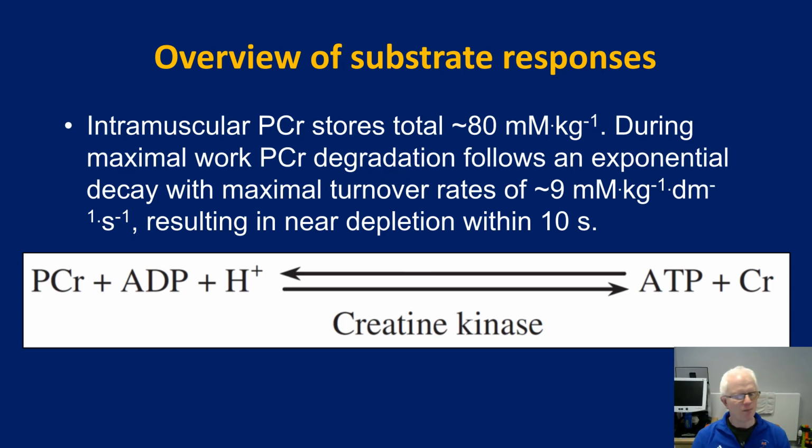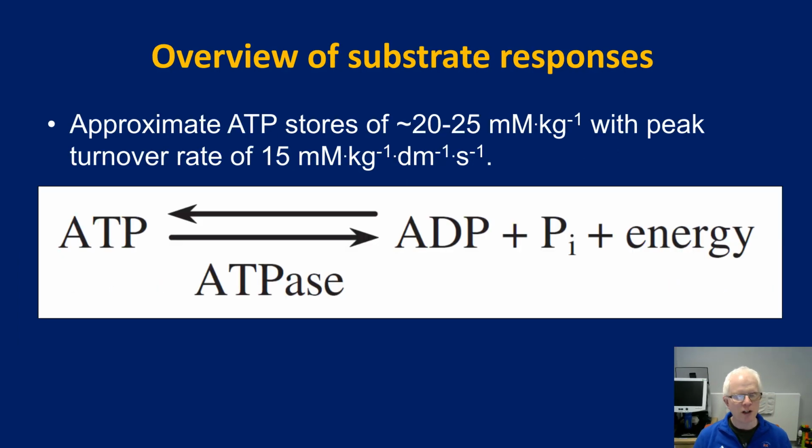So here's the reaction. Remember that the key to understanding is this. We're trying to resynthesize ATP. What we're left with after the splitting of ATP is ADP. We cannot simply add phosphate back to that. The only way that the phosphate can be added back is under conditions of what we may refer to as rest and recovery, where the metabolic rate has slowed down.